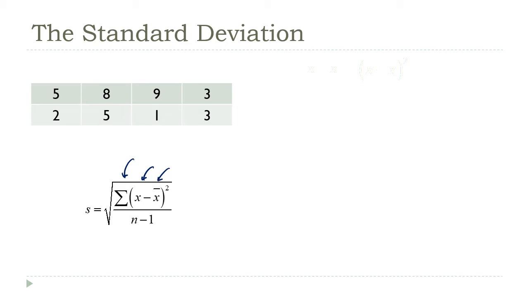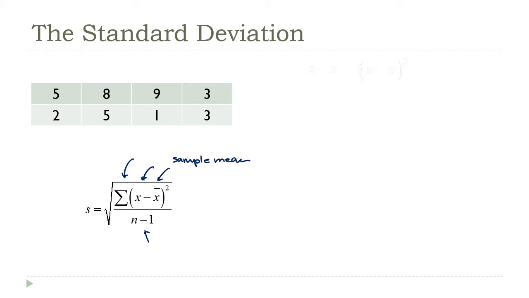Well, x bar is a symbol that we're going to use for the sample mean. So what this is saying is take every data value, subtract the mean from it, square the result, then add all those values together. Finally, we divide that result by 1 less than the sample size, and then take the square root of the whole thing.